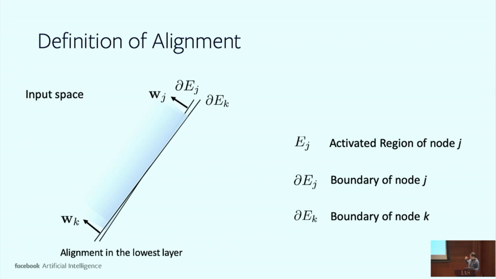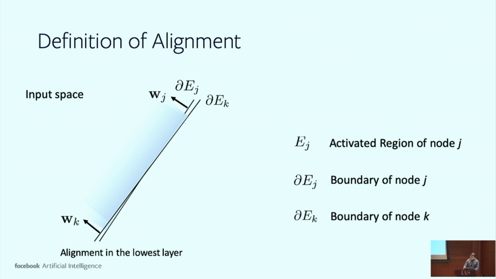If two weights are aligned, it basically means that the directions they point to are the same. Mathematically, there exists a parameter gamma such that W_j equals gamma times W_k, where gamma is a positive number.